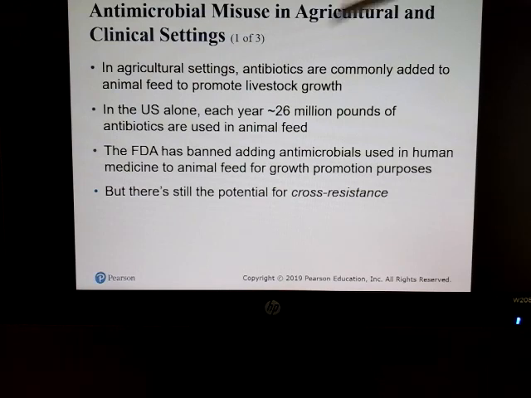So there's about 26 million pounds of antibiotics used in animal feed. So the FDA banned a lot of antimicrobials used in human medicine in animal feed for growth promotion purposes. So we have to be careful with that. But again, there's a lot of what's called cross-contamination that can still occur anyway.